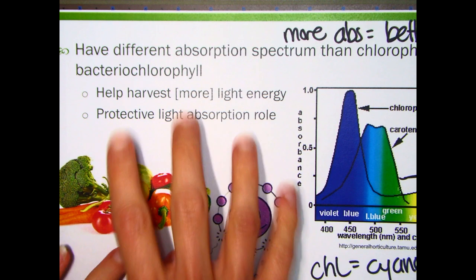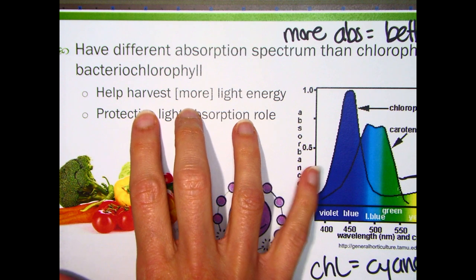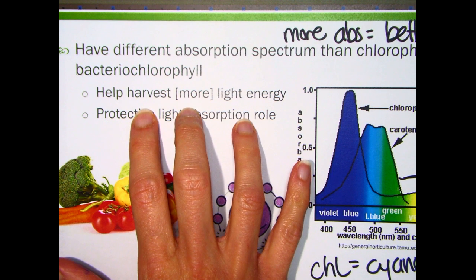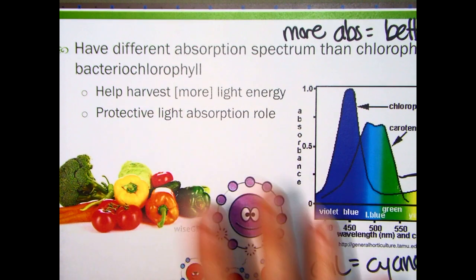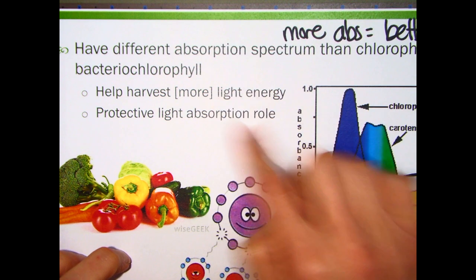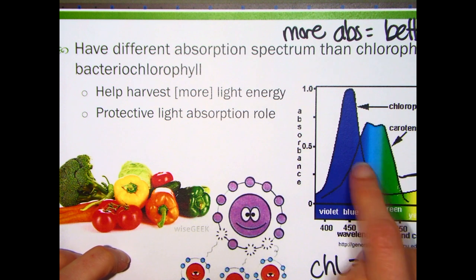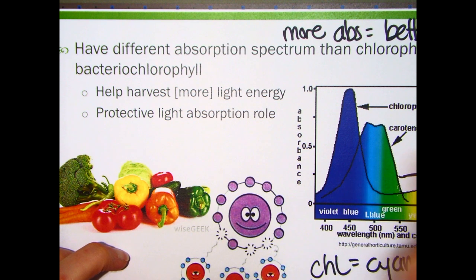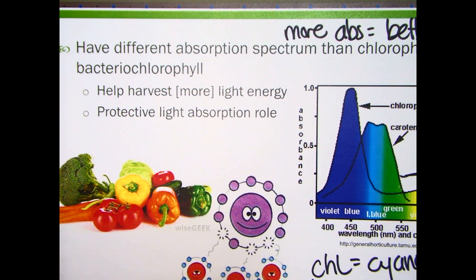So not only does the cell want to intentionally collect this light energy so that it can save it, the cell also would like to absorb this energy to protect itself from sun damage. And accessory pigments do both of these because they will absorb in the middle of the spectrum here, where the chlorophyll or the bacterial chlorophyll is not absorbing.